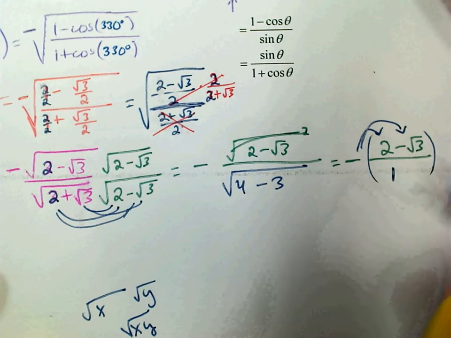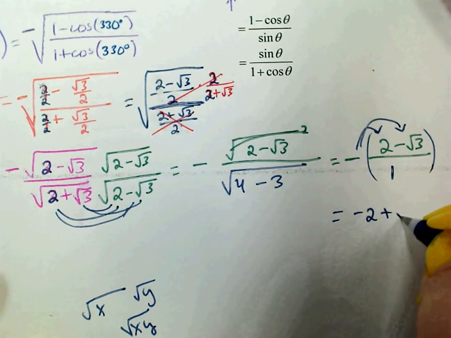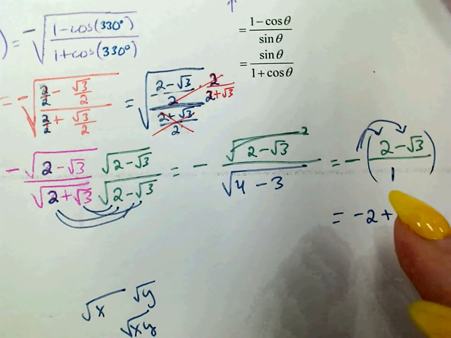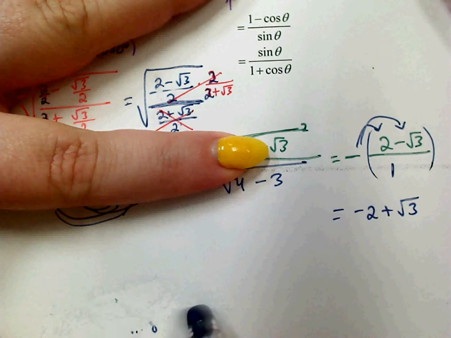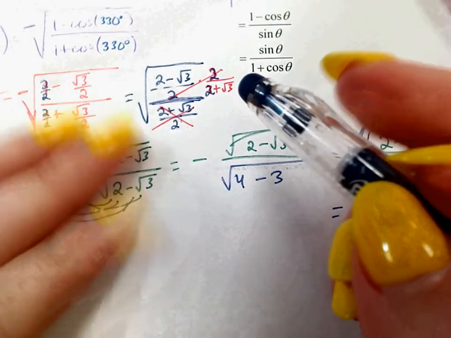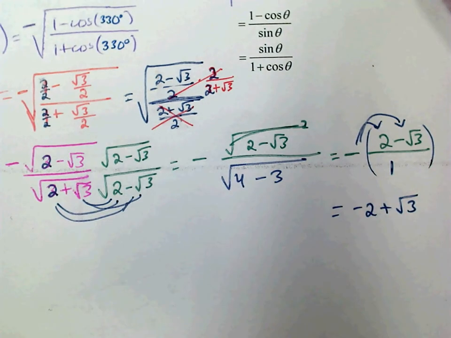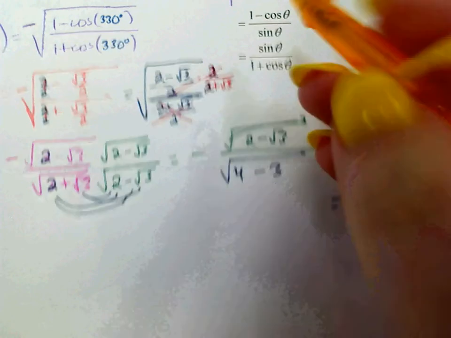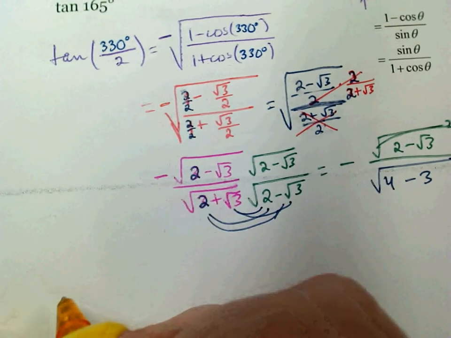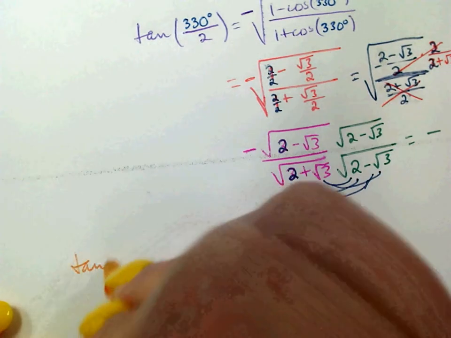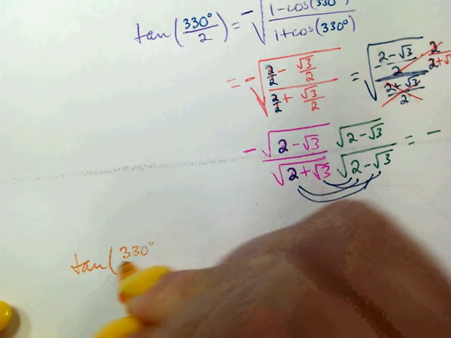Okay. Now I'm going to use the other forms and prove that I get the same thing. So 1 minus cosine theta divided by sine theta. The other option, or one of the other options, is tangent of 330 divided by 2 is 1 minus cosine theta divided by sine theta.